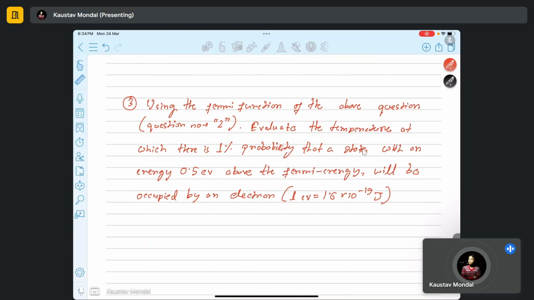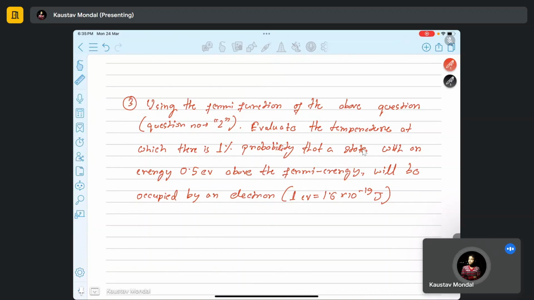Here, at the temperature that we need to find out, there is 1% probability that the particles will be at 0.5 electron volt above the Fermi energy level, right?